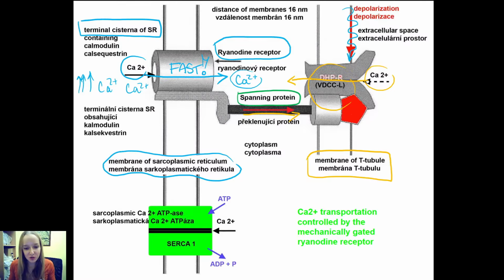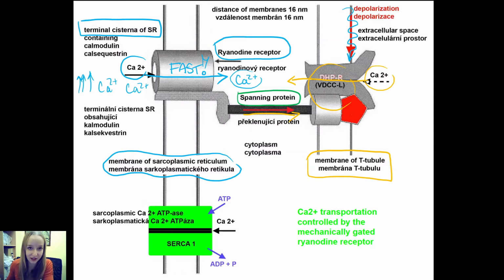And now you know why we need so much sarcoplasmic reticulum. Why do we need so much smooth endoplasmic reticulum in muscle fiber? Because this smooth endoplasmic reticulum contains so many calcium ions.